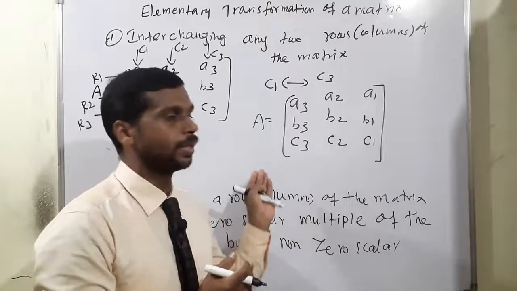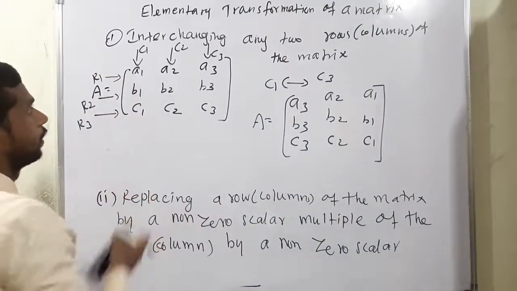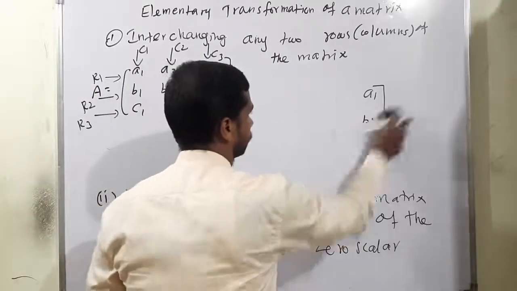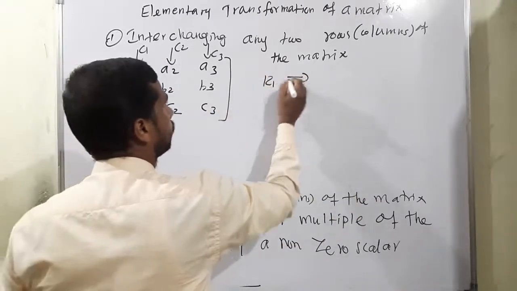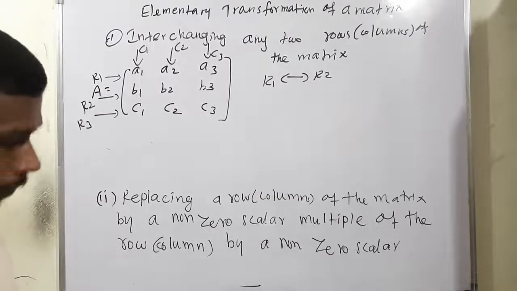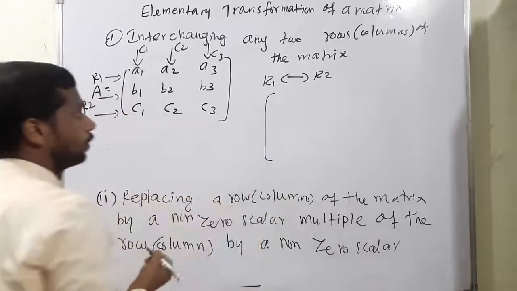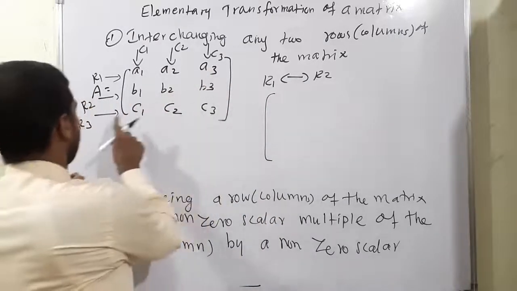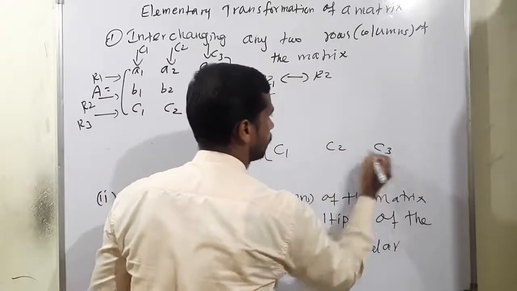As well, we can interchange row 1 and row 2. R1 interchange R2: what will happen? We do not change row 3, so C1, C2, C3 stay as they are.